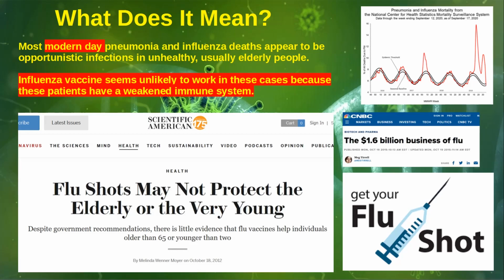What does it mean? Most modern-day pneumonia and influenza deaths appear to be opportunistic infections in unhealthy, usually elderly people. A cause of death, not the underlying cause of death. The influenza vaccine seems unlikely to work in these cases because these patients have a weakened immune system.